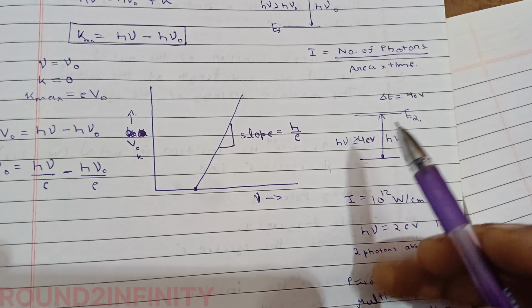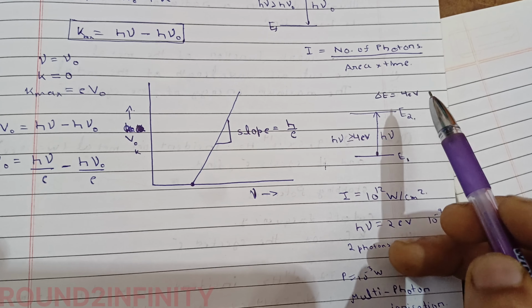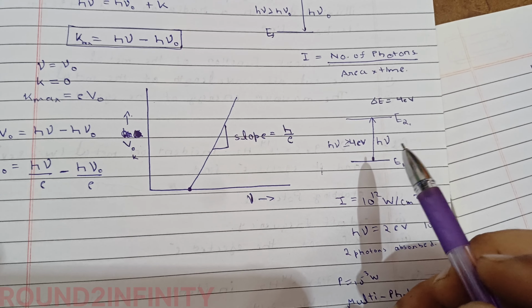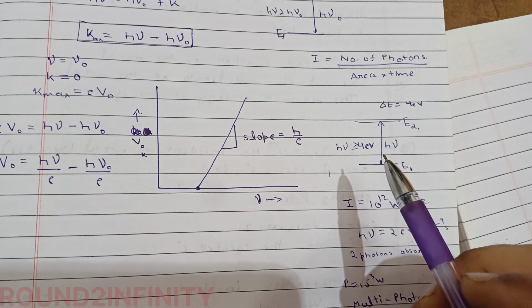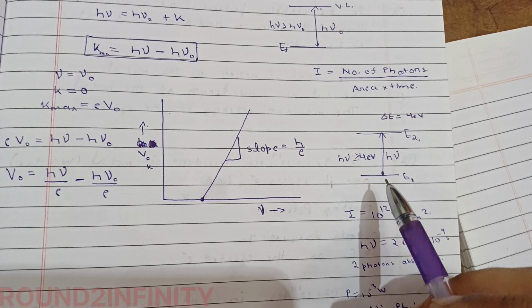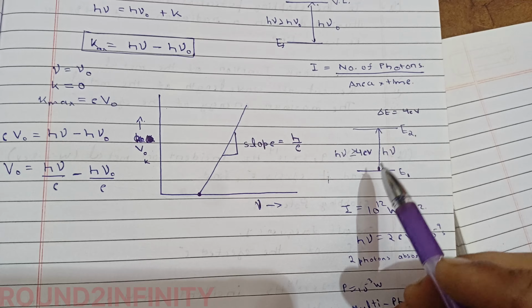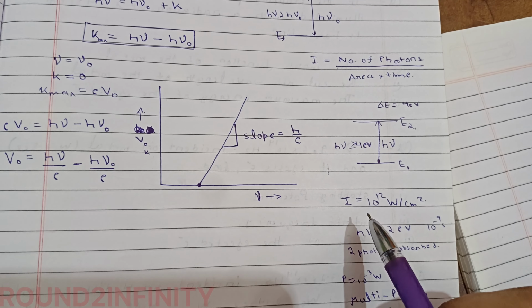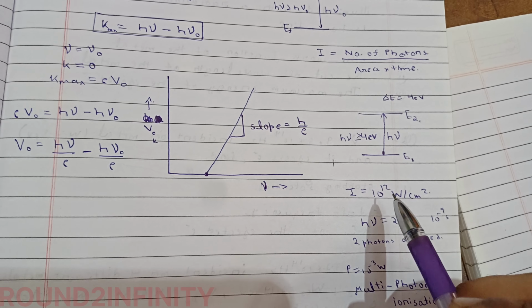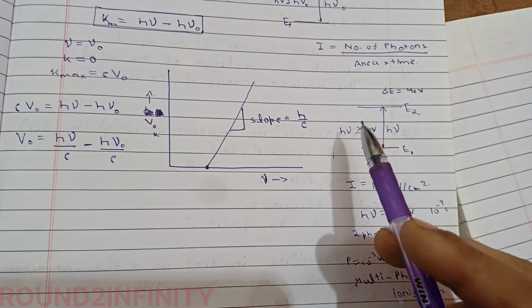So see, we have two energy levels, and the energy difference is 4 electron volt. And we have a frequency such that h nu, the total energy, is only 2 electron volt. Then from this theory, the electron won't be excited up to this level. But in today's era, if we use this amount of intensity, there is a very large number of photons falling on it.